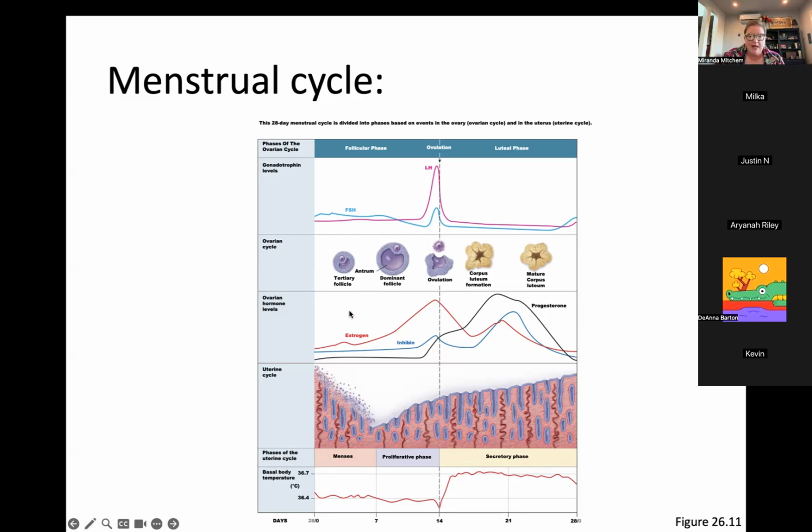Now, what's happening in the ovarian cycle, we have both an ovarian and then the uterine. So we just looked at the uterine, the effects on the uterus. What's happening in the ovarian is the follicles have developed, leading to the production of a dominant follicle. And ovulation happens at this midpoint at about day 14.